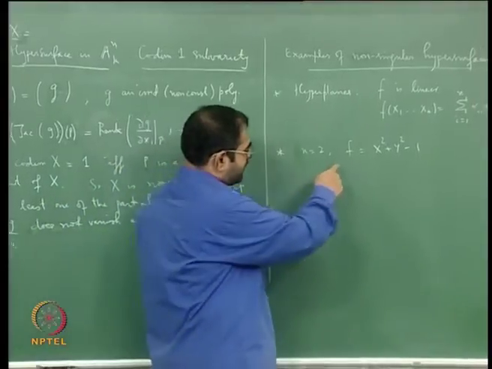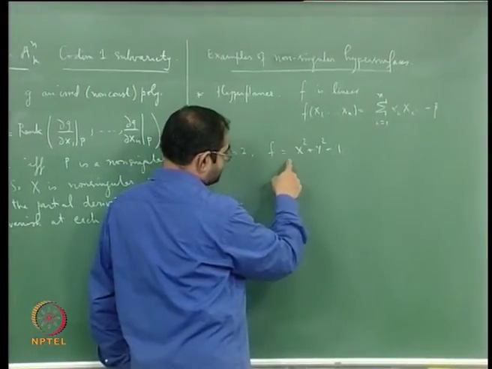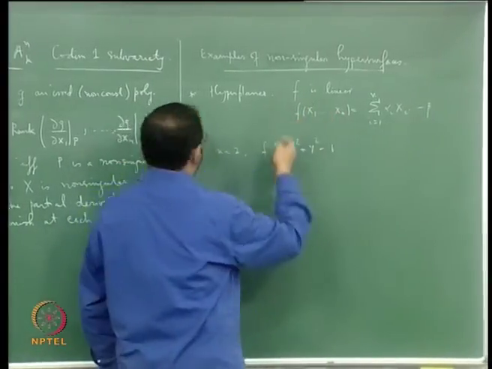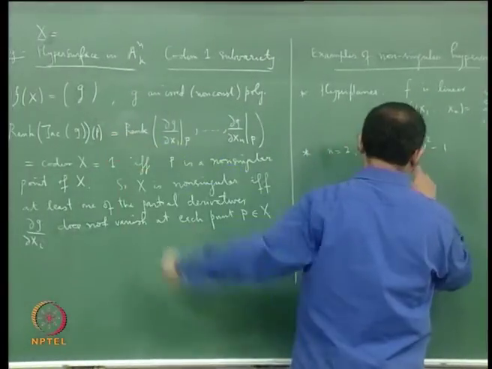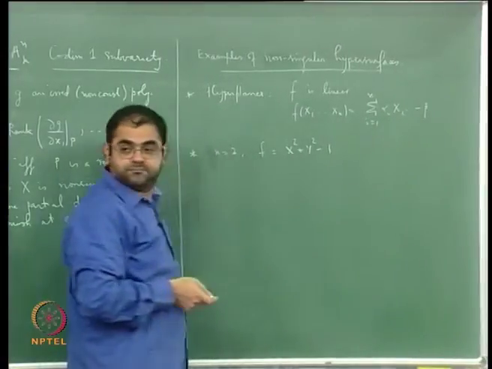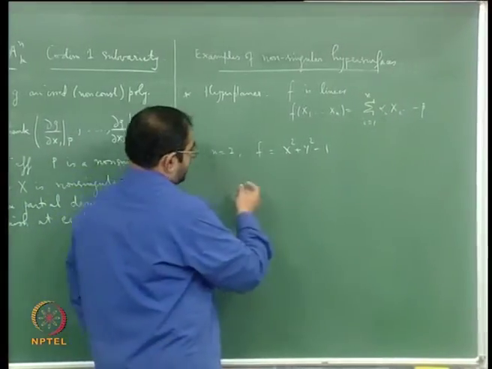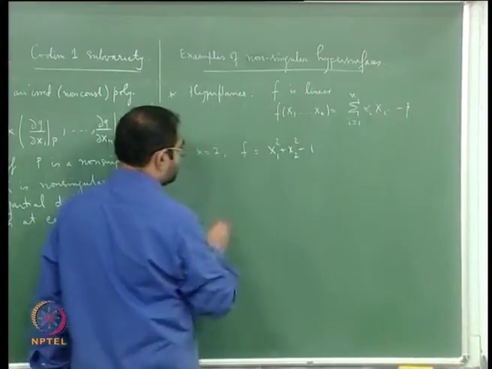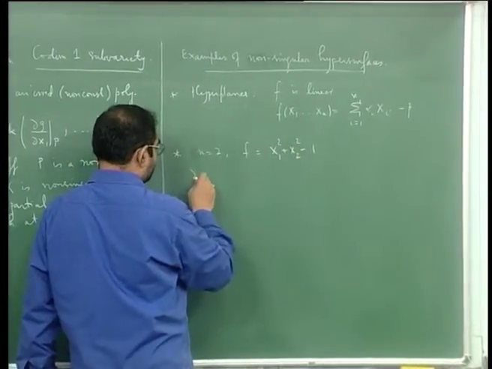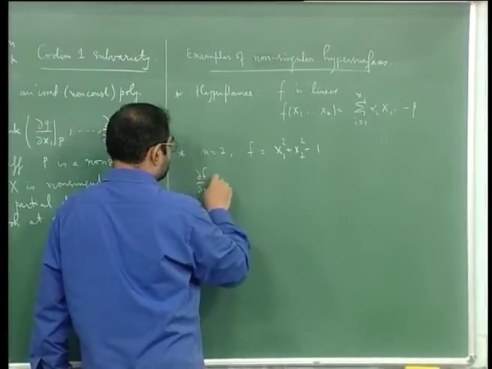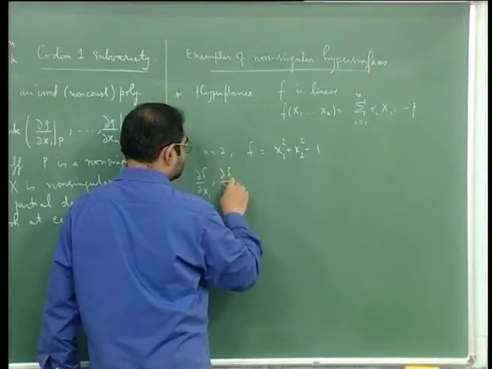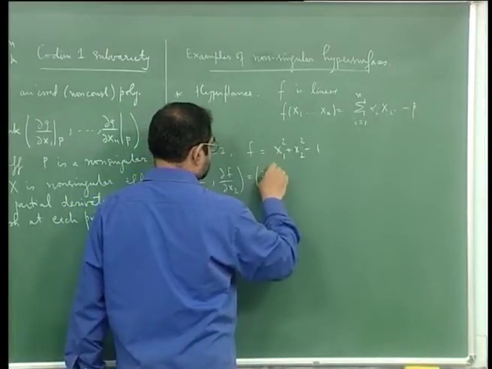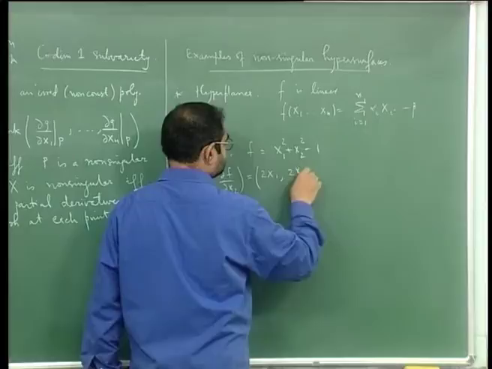I am taking the variables as x and y, but if I want to use standard notation, I should take x1 and x2, so let me write it as x1 and x2. Then if I calculate dou f by dou x1, dou f by dou x2, I'll get 2x1, I'll get 2x2.